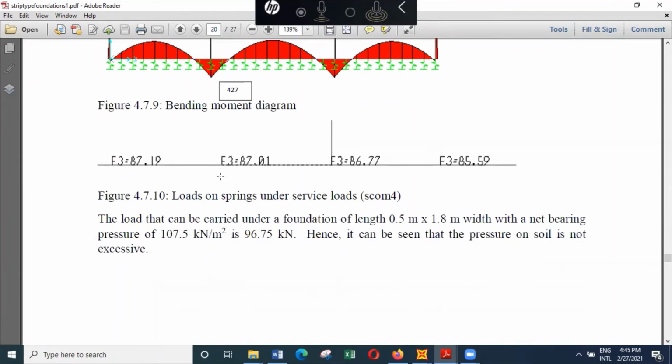For the edge, you can use one width. For the middle ones, you can use a different width. When you change the width, you can see the middle ones might need a width of about 1.9 meters or 2 meters, whereas the outer ones can be of 1 meter width.